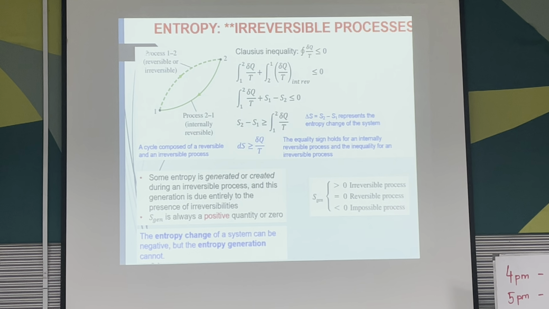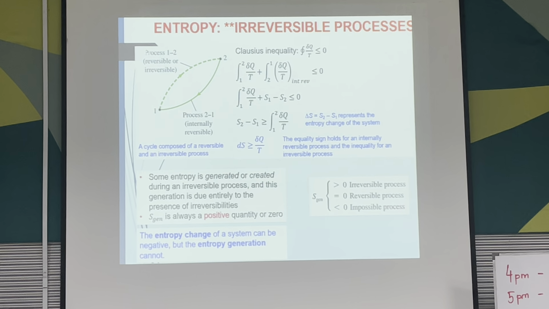We do not know what process it is, and we don't care as of now. So process 1 to 2, the dashed line here, can be a reversible or irreversible process, while the bottom line is an internally reversible process. Okay, so now we use the Clausius inequality just now.